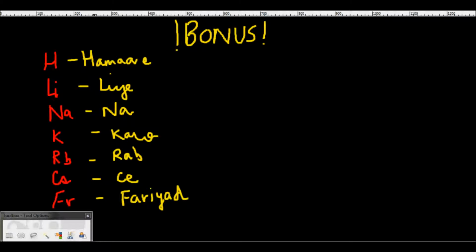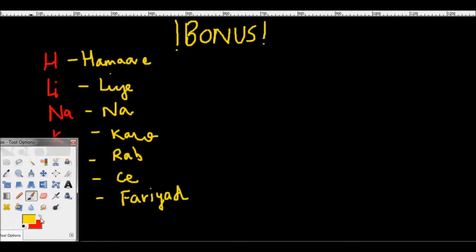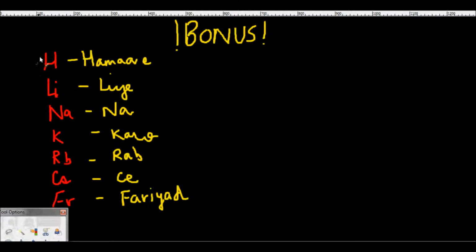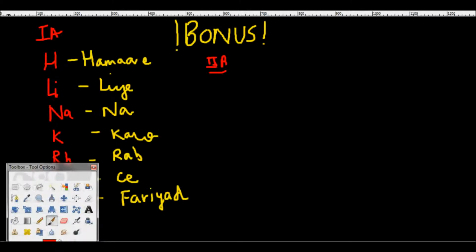And this is basically group 1A. Alright, so if you want to go to 2A now, let's go to 2A. It's got funny elements in it too.